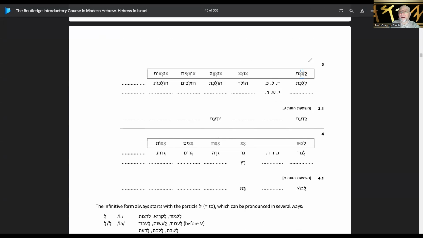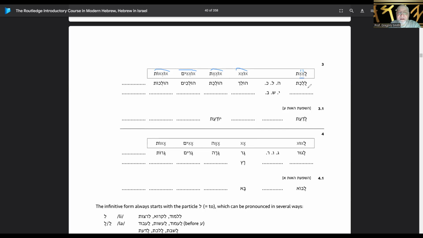It's essentially what's going on here. Okay, and so it's going to be ose for the masculine singular, oset for the feminine singular, osim for the masculine plural, osot for the feminine plural. So these are patterns.